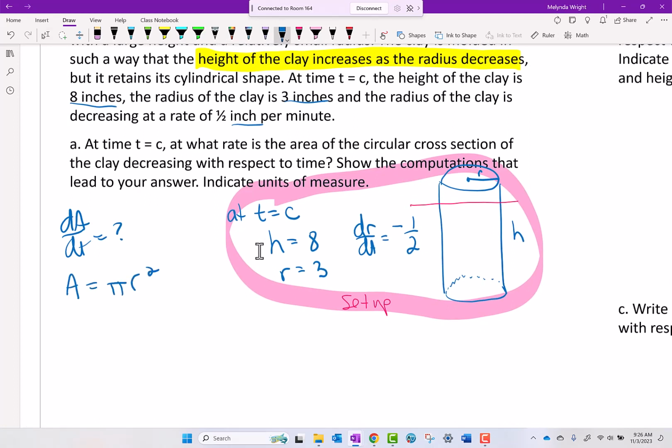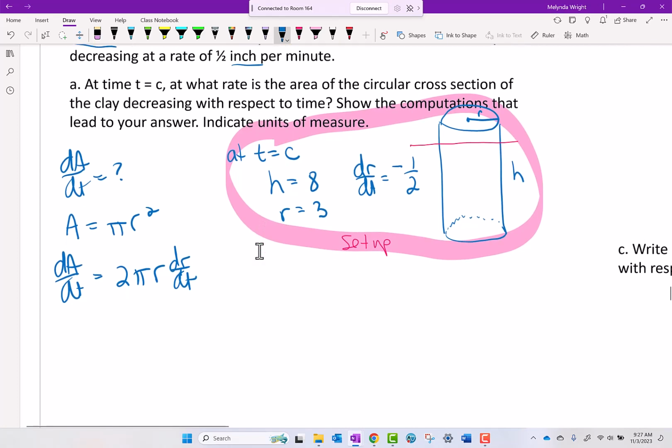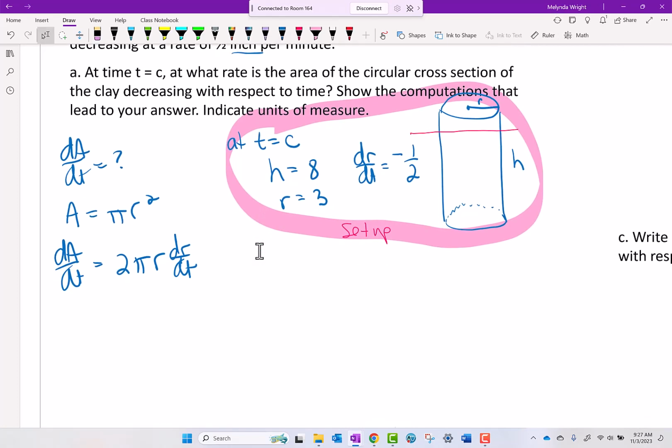Okay, great. So that's step 4. We found our equation. Step 5, we take the derivative with respect to t. So dA/dt equals 2 pi r dr/dt. Okay, so I'm just going to put numbers in and go look for something if I don't have it.